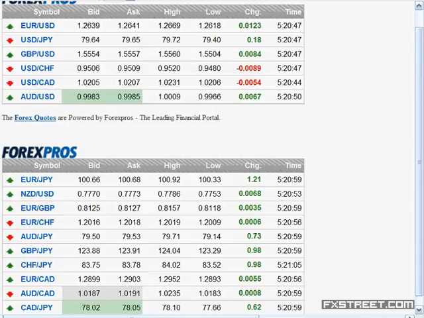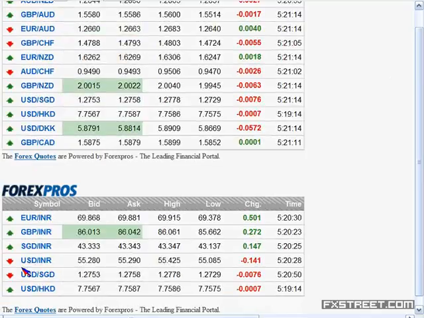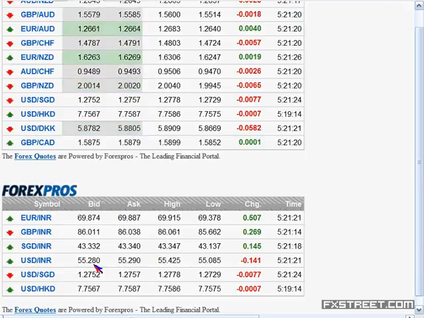And some might be asking about Indian currencies. So USD INR has started gaining the levels now, and it has come to 55.28. It went up to 56 and above and started coming down. You could come across in coming days, it is coming to lower levels at a very quick pace.